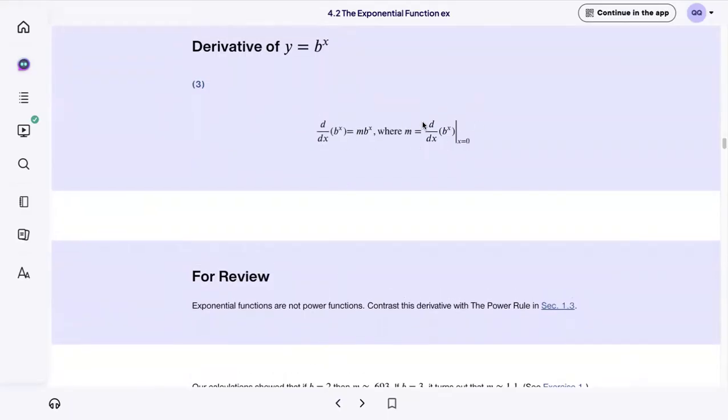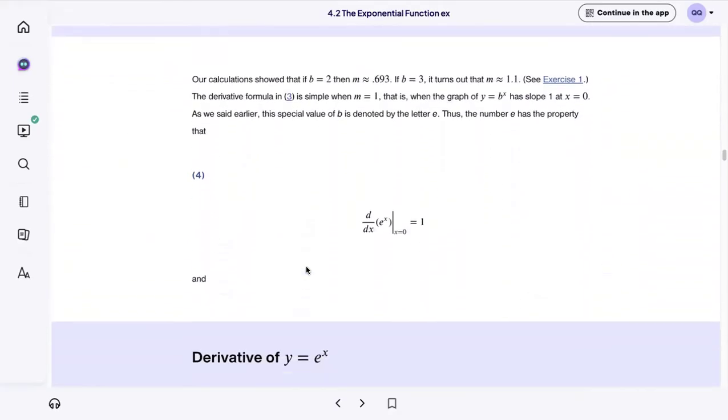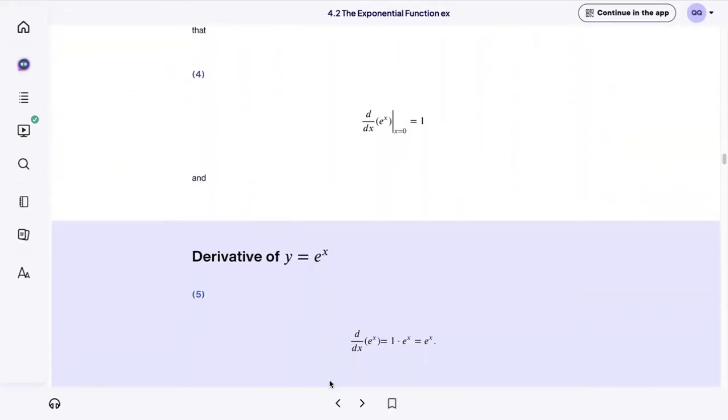So this is a similar idea, right? When it's e, we have this. When we differentiate e to the x and evaluate at x equals 0, we get 1. So you can think that when we differentiate e raised to x, that's the m value, the initial value.